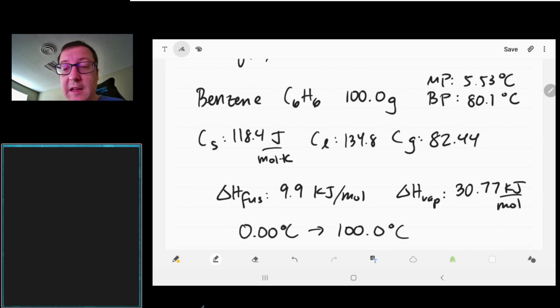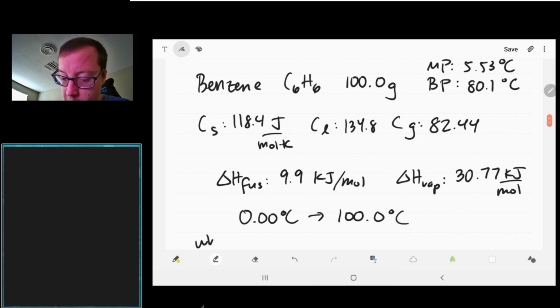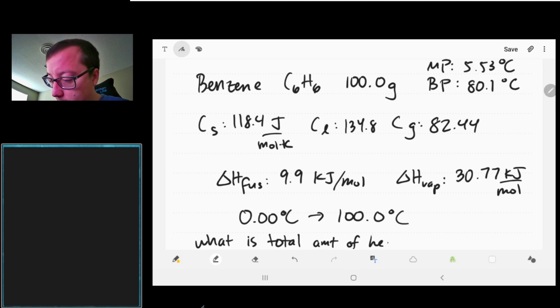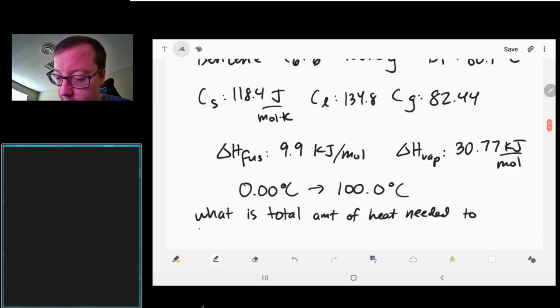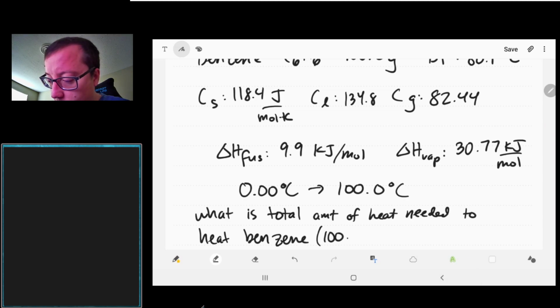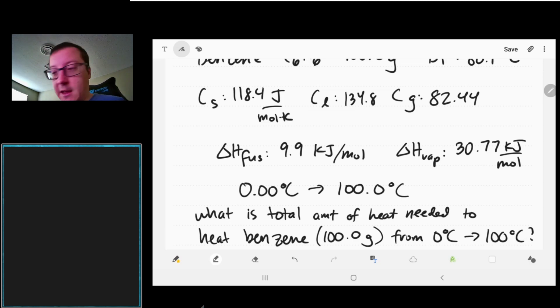And so let's see if we can find out what is the total amount of heat needed to heat benzene, 100 grams of that, sorry, I meant to put that earlier, from 0 to 100. Exciting. Tons of information here.